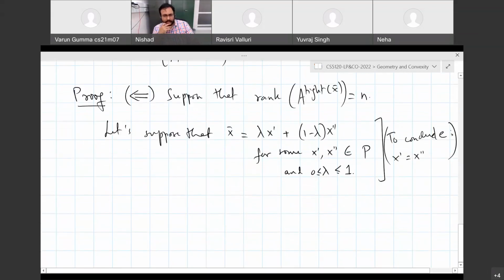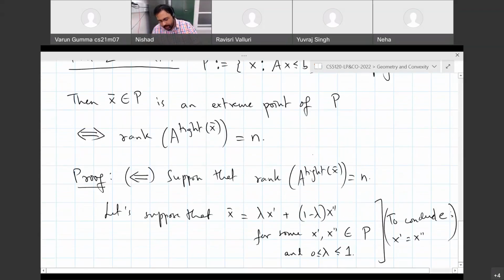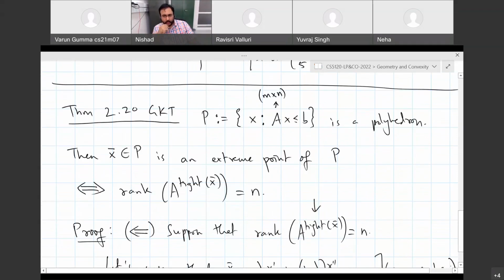So how shall we proceed now? Remember, what we know is that this matrix has rank n, right? So, well, we don't have that much information here. We just know the linear inequalities. So how about we look at the linear inequalities for this particular point with respect to the tight matrix and see if we can make some progress there.